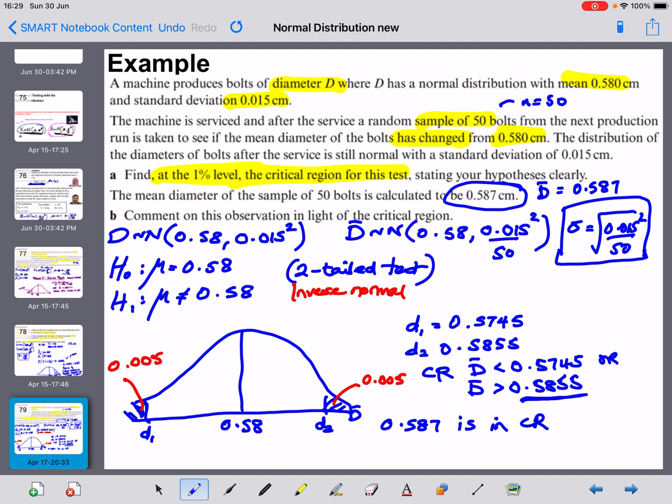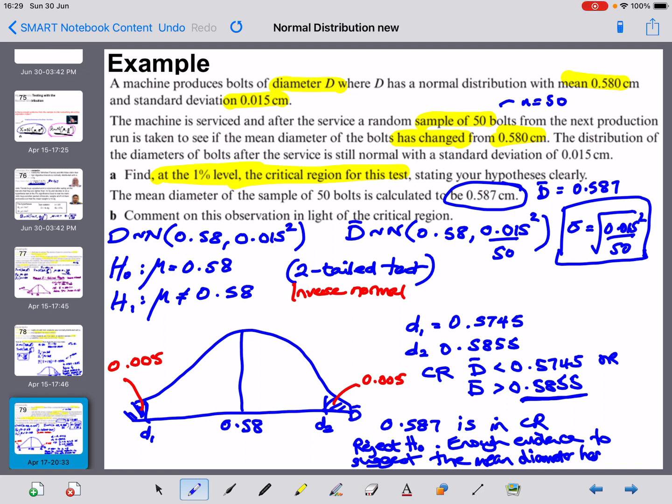Okay, which means it's significant, which means we can reject H0. Okay, and we can say there's enough evidence to suggest the mean diameter has changed.